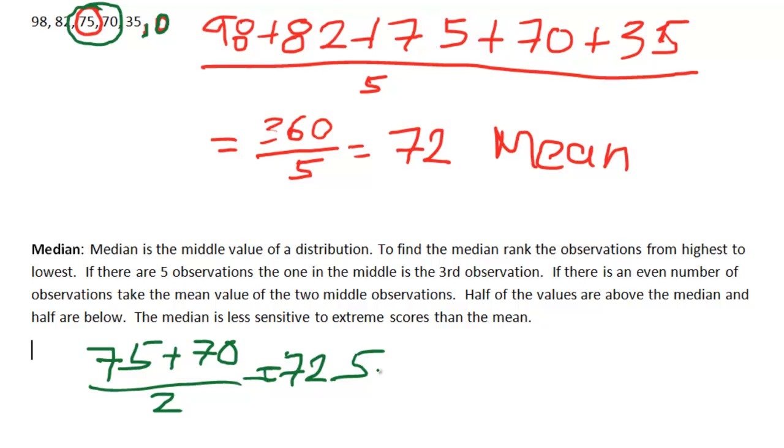But now as I add 0 in there, let's quickly calculate the mean. It's still 360. Now it's going to be divided by 6 instead of 5.